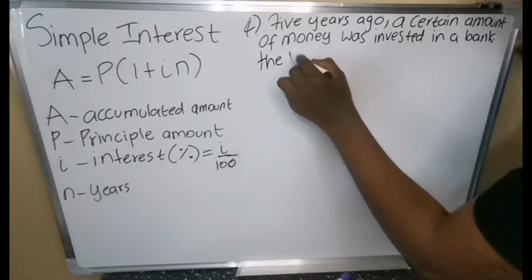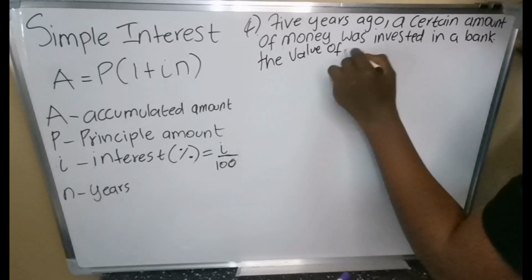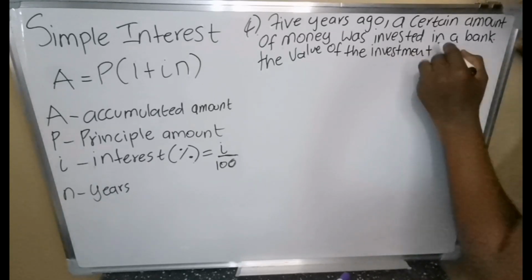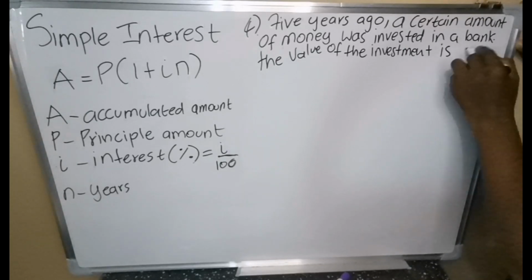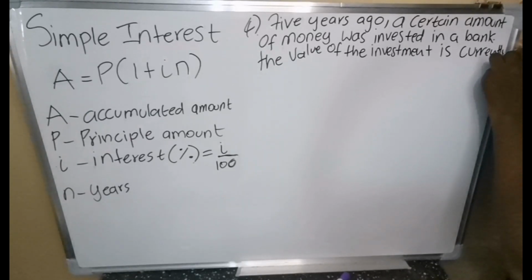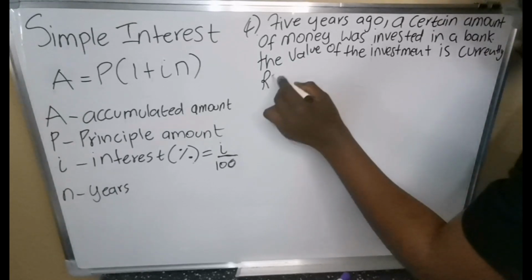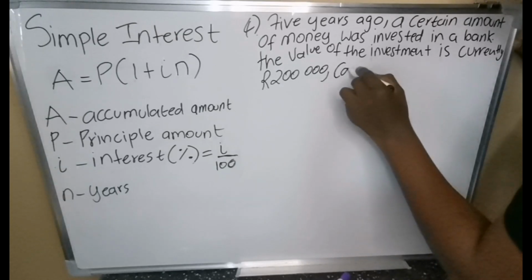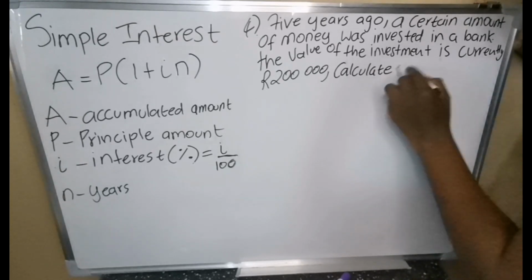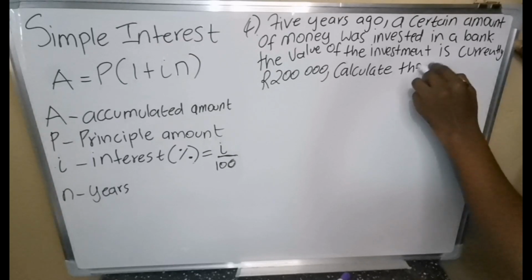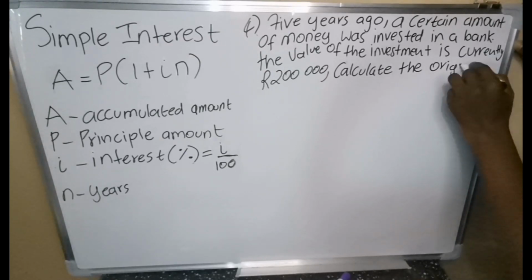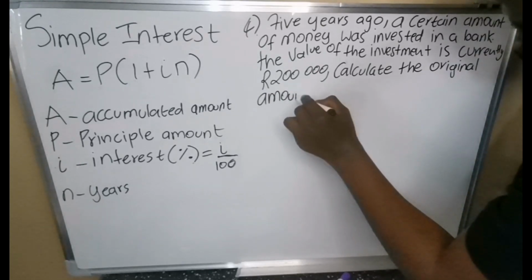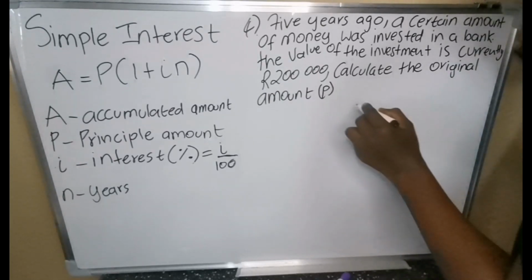The value of the investment is currently 200,000 rand. Calculate the original amount P.